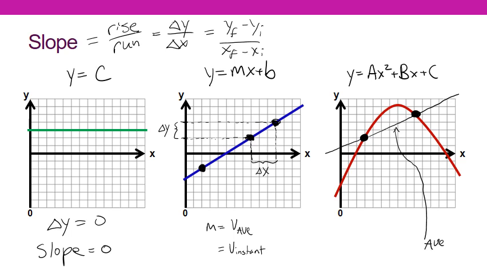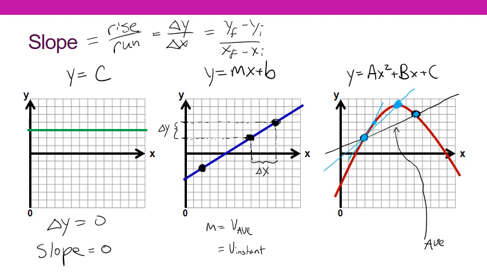What we can do, though, is we can make a thought experiment. What would happen if we brought this second point closer and closer to the first? Well, if I brought it, say, to here, I would make a new line that connects those 2 points. And if I kept doing this, I could bring it to here, and that would make a new line. And eventually I would get so close that I'm right on top of this first point.